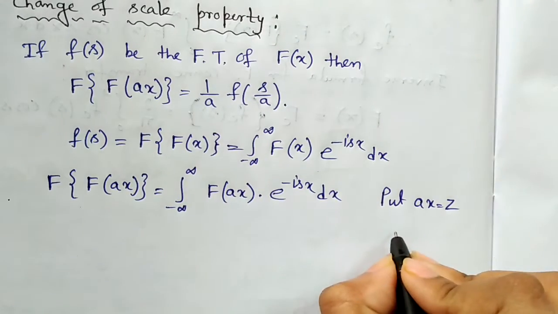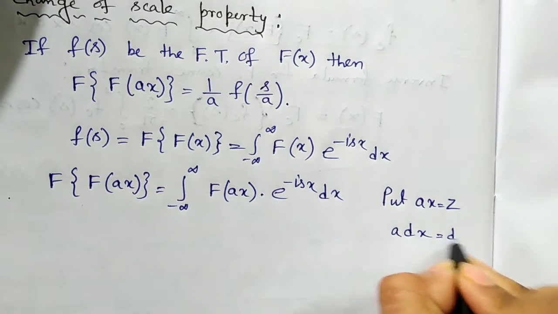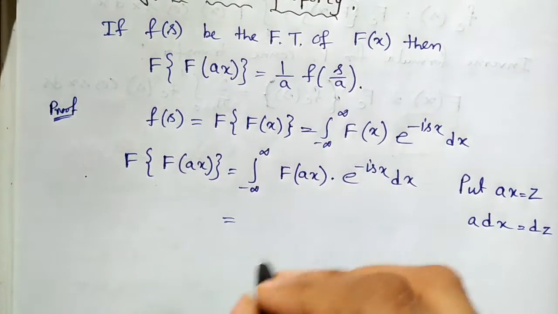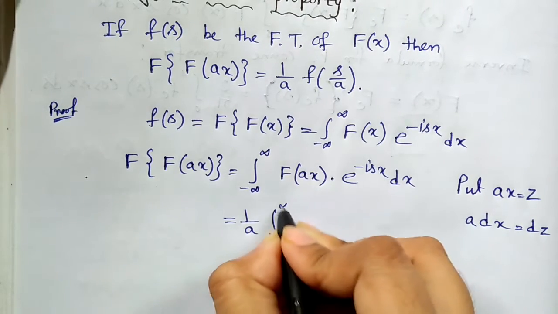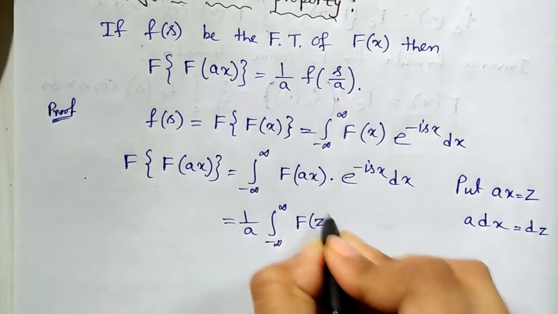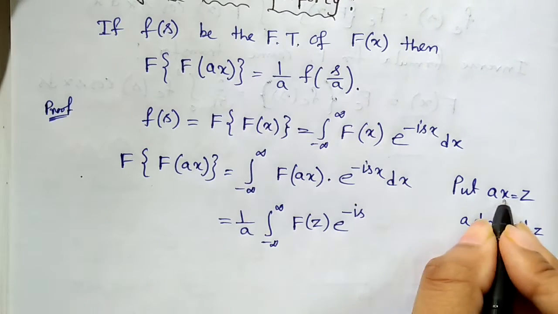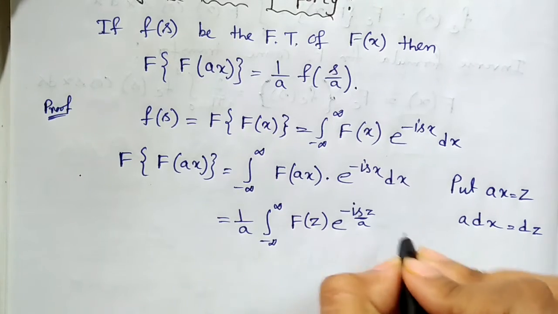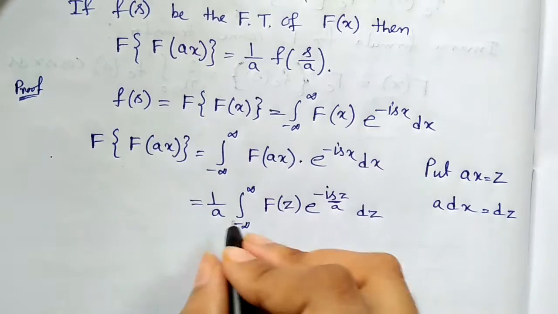Then we get a dx equal to dz. So now this is equal to 1 by a times the integral from minus infinity to infinity of F(z) e to the power minus is, with x meaning z by a, and dx is dz by a; the 1 by a I have written.